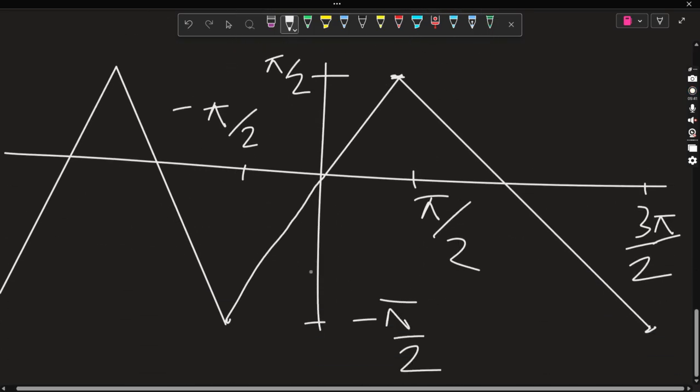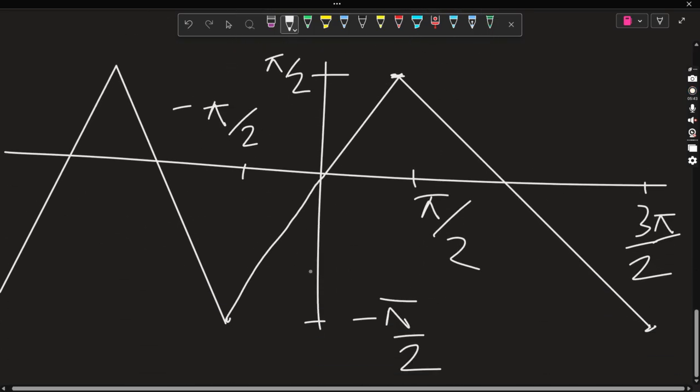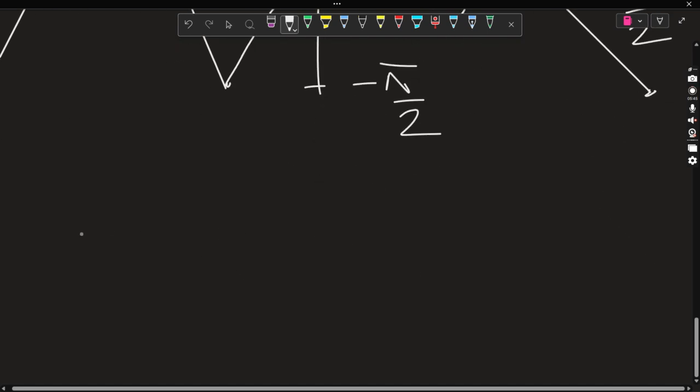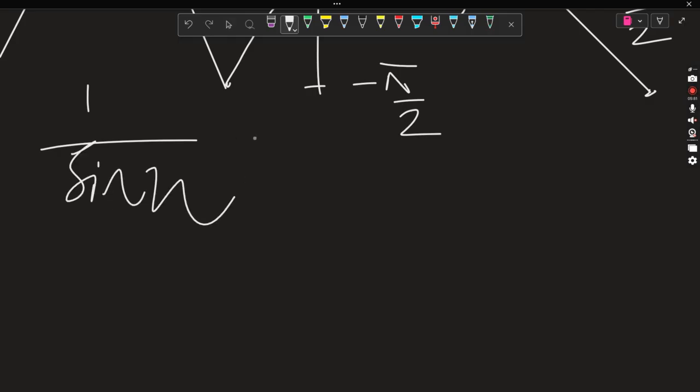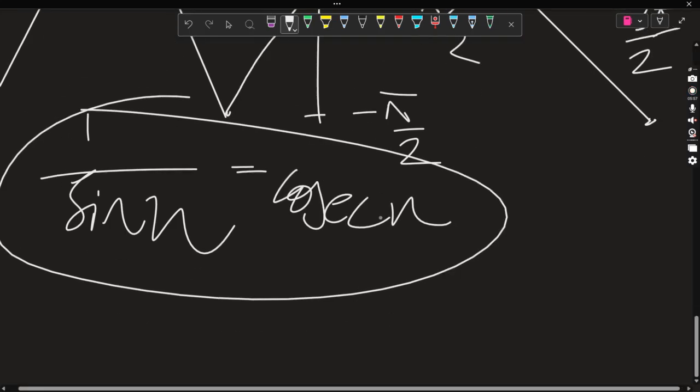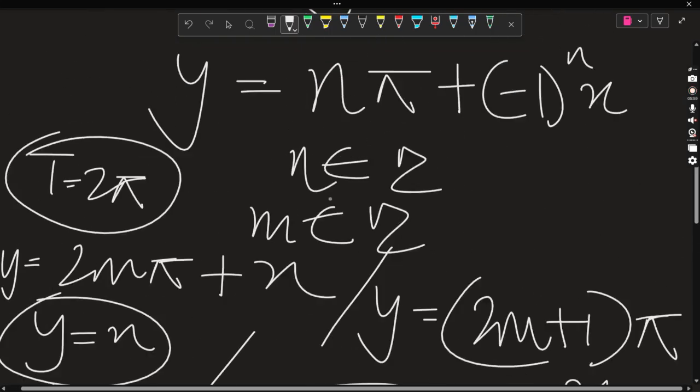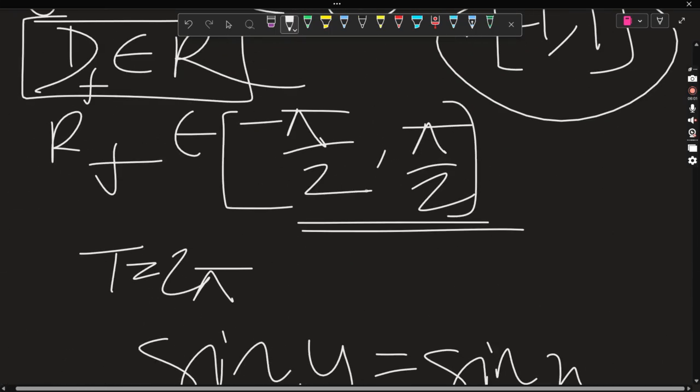You got it. Now talking about cosec x. So cosec x is just the opposite of sin x, right? In a sense, vice versa of sin x is cosec x. So in case of cosec x, everything will be the same other than the domain.